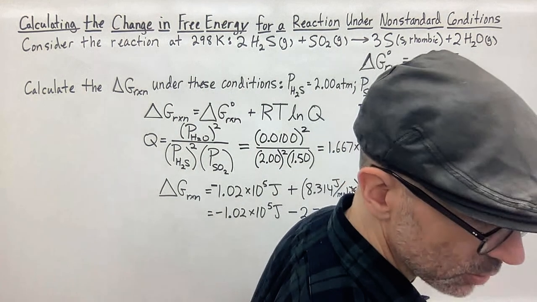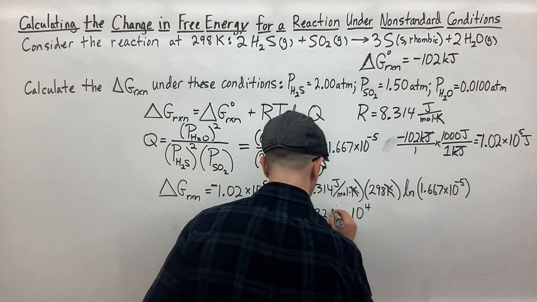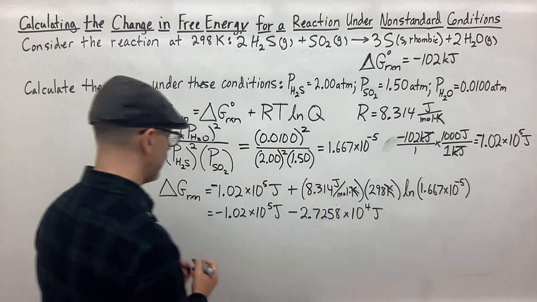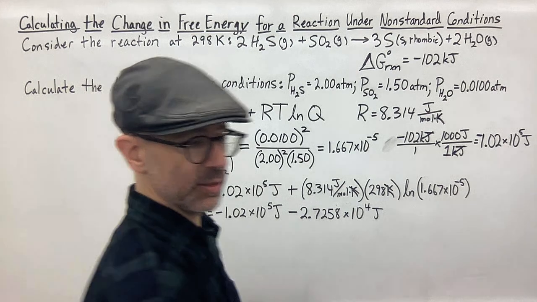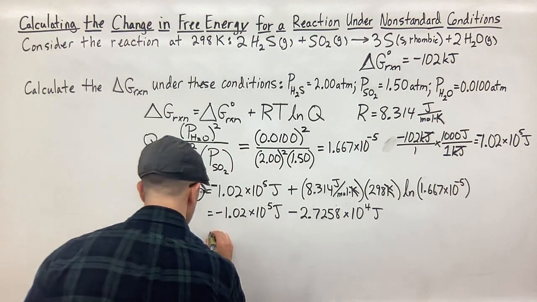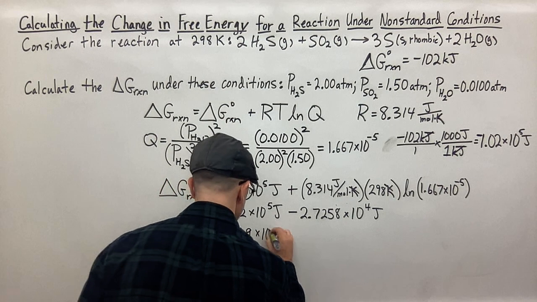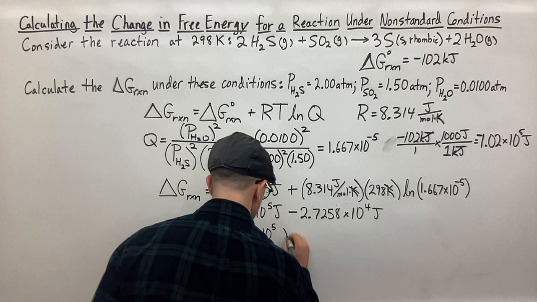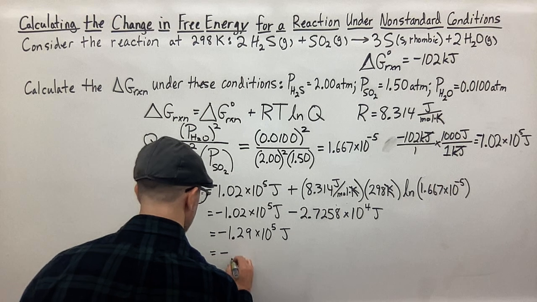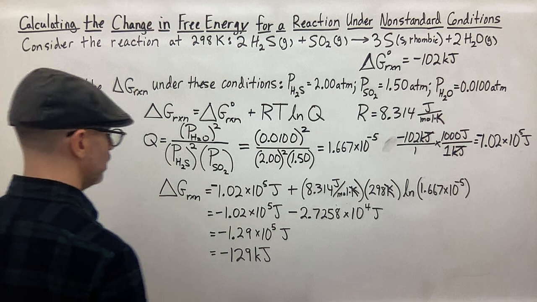Let me double check. 25, oops, I transposed these. It should be 2.58 times 10 to the 4th joules. And when we add that together, we get negative 1.29 times 10 to the 5th joules. And if we convert that to kilojoules, it would be negative 129 kilojoules of energy.